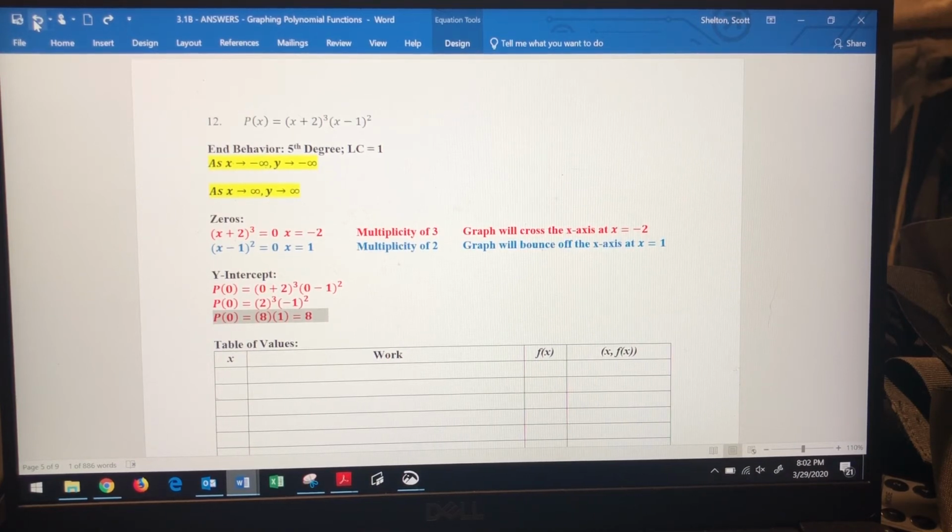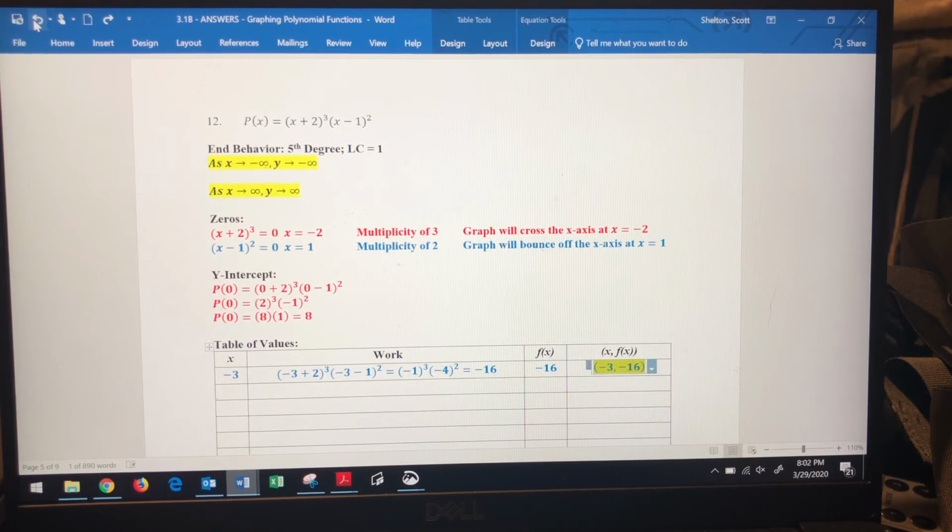So we only got 3 intercepts that we're working with, so we're going to have fewer values in our table here. We want to go a little bit to the left of our smallest x-intercept, -2. We're going to plug in -3. We do all the work, and we get -16.